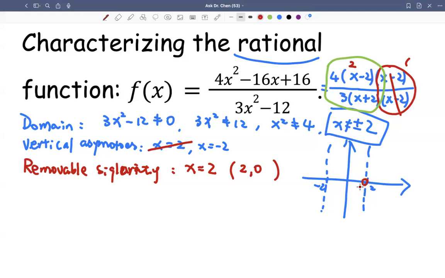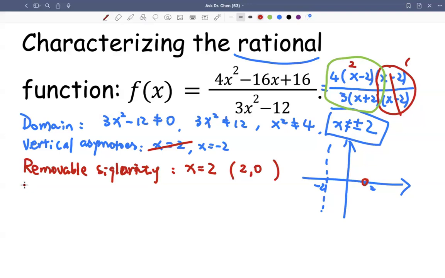When the graph goes to this point, because this open circle means void, the function value is not there, and 2 is not in the domain of this function, so that causes an open circle. But we won't have this vertical asymptote. Because of simplification, this vertical asymptote becomes a removable singularity, which is a circle.